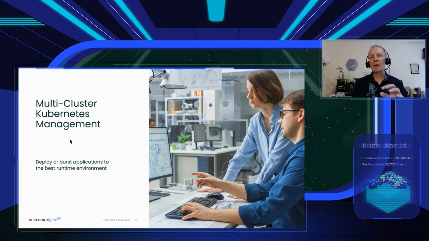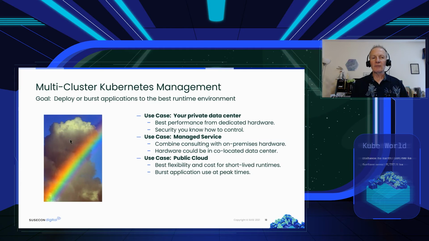So let's talk a little bit about multi-cluster Kubernetes, or the ability to have many Kubernetes clusters and to make them more uniform for workload portability. Our goal here is, again, the ability to move components and maybe entire applications around in an environment, based on the use cases that are most appropriate for our business needs. That might be a private data center because we see that as being more secure.